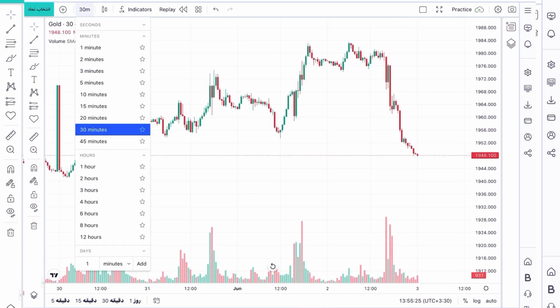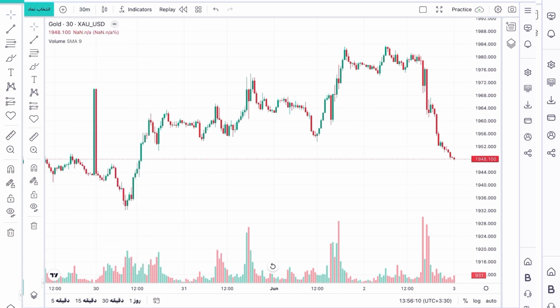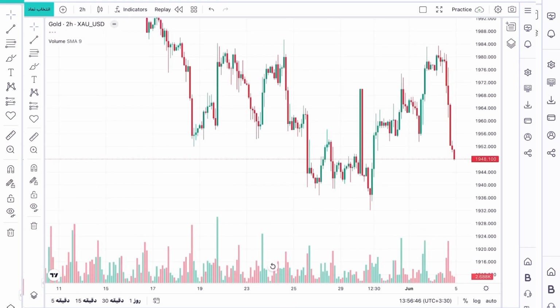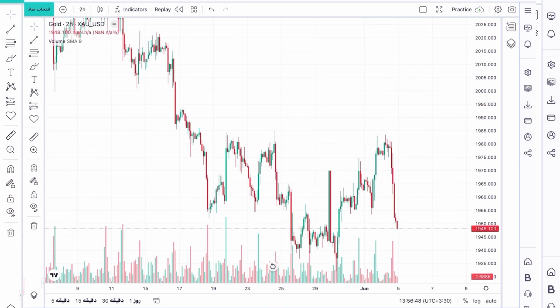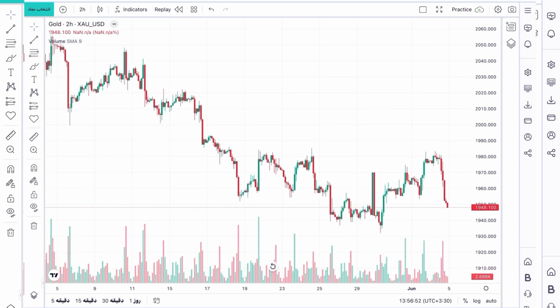So I've chosen my time frame, it's 30 minutes, so I'm gonna multiply it and select the time frame which is 3 to 5 times of the 30 minutes that we want. Okay, so I'm gonna choose 2 or 3 hour time frame. I'm gonna go for the 2 hour.